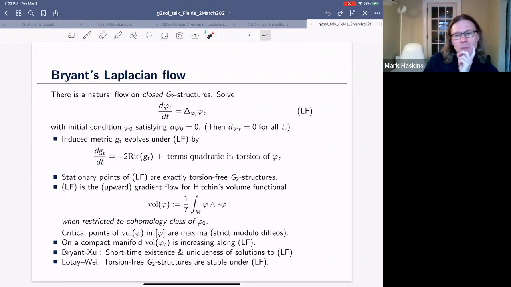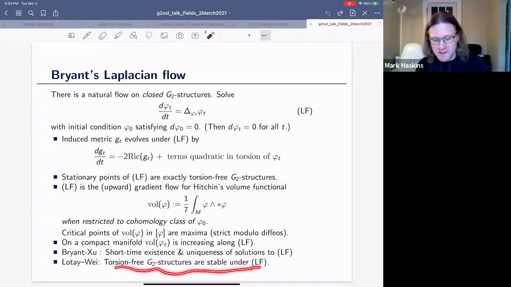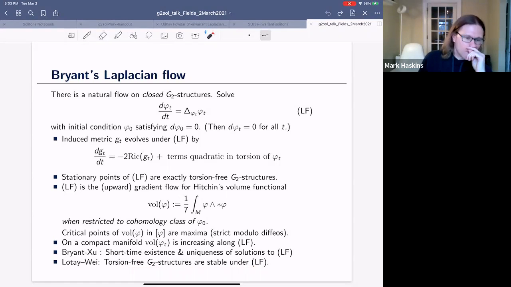But the last few years have seen some improvements, and for instance, there is a sort of stability result due to Lotay and Wei, that if you start sufficiently close to a torsion-free G2 structure and let it flow in the Laplacian flow, you will come back to a torsion-free G2 structure.